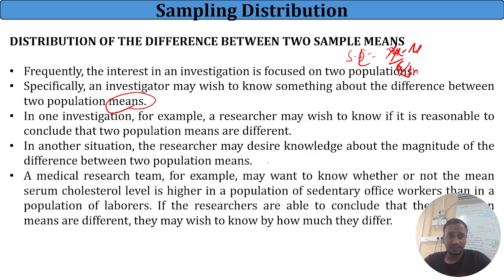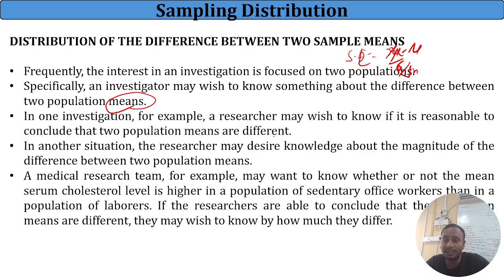Then the second situation is that the researcher may desire knowledge about the magnitude of the difference between two population means. Whenever we know that some difference is coming between the two populations, we have to know the magnitude, the quantified value. In the starting, the main purpose is first to know whether any difference is there or not.